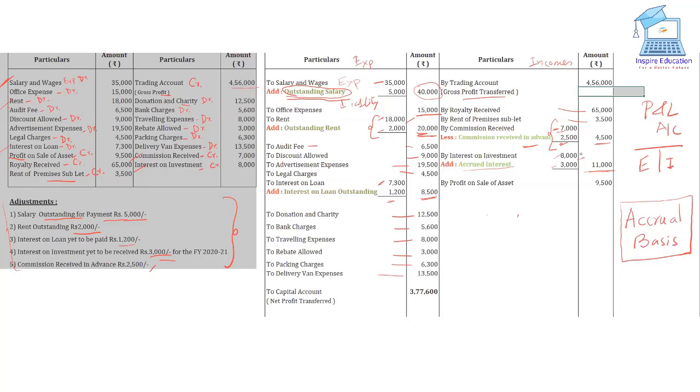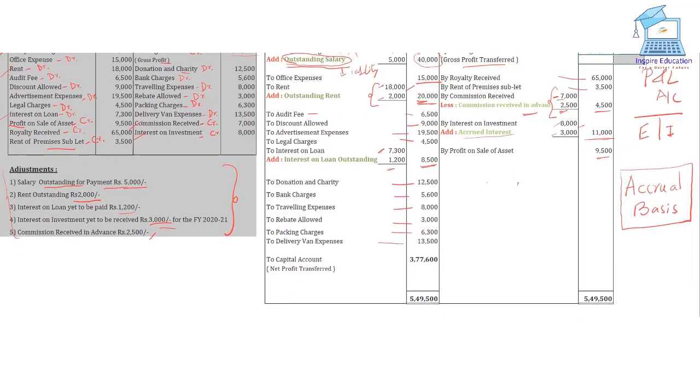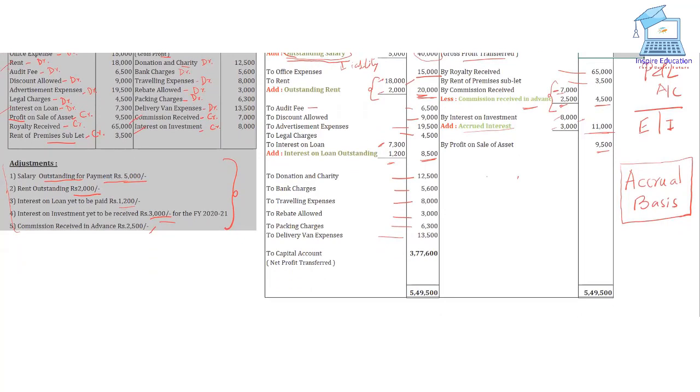Finally, there is one item, profit on sale of asset, 9,500. So here we have seen that the credit side is more. Credit side is 5,49,500, and there is a balance of 3,77,600.